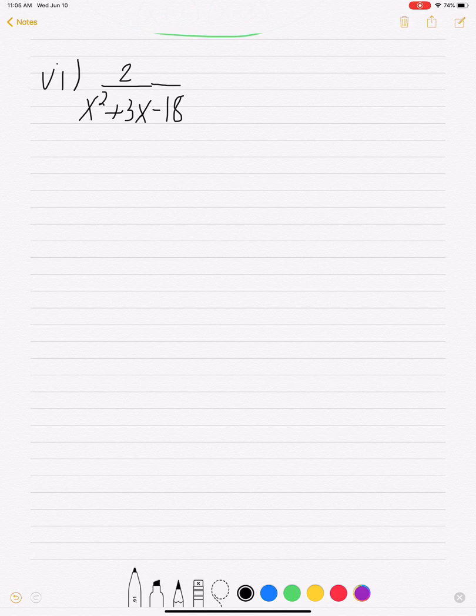Then the second fraction, after a plus sign, we have 4 over x squared minus 2x minus 3. So my first question is, are the denominators the same? In order to add or subtract fractions, you need the same denominators, and the answer is no. Denominators are different, so we're going to have to find an LCD.